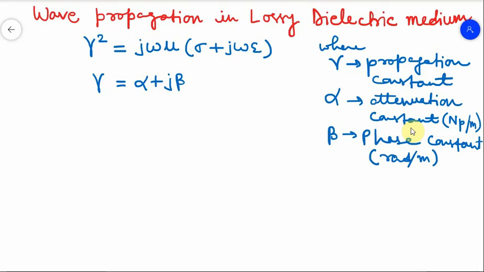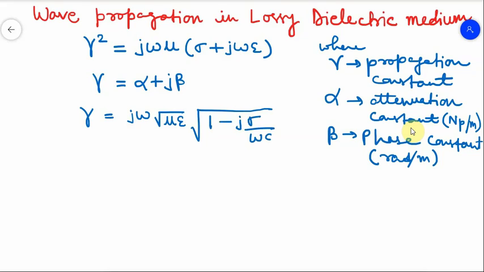Since gamma square equals j omega mu sigma plus j omega epsilon, it can be written as gamma equals j omega root over mu epsilon, into root over 1 minus j sigma upon omega epsilon.